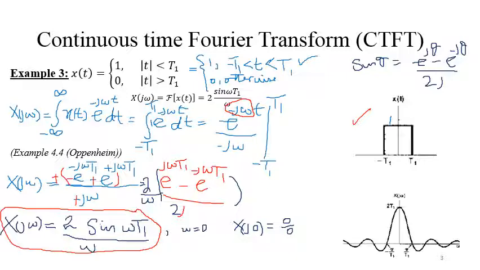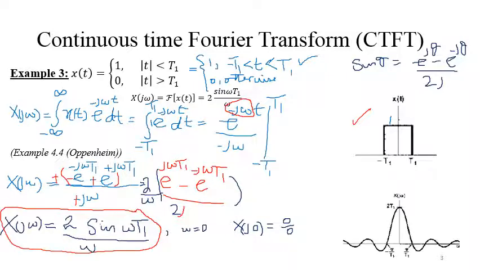So if you take the derivative of this sine omega t1, and also of the denominator, it will result into 2, right? So X of j omega will be equal to 2 t1 when omega is 0. Hope you understand, right?